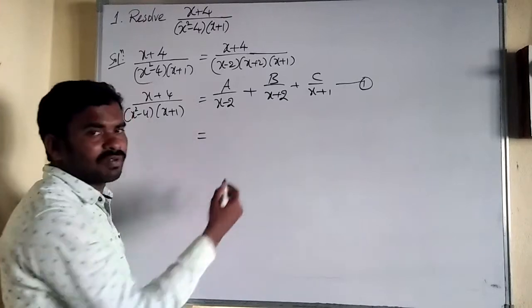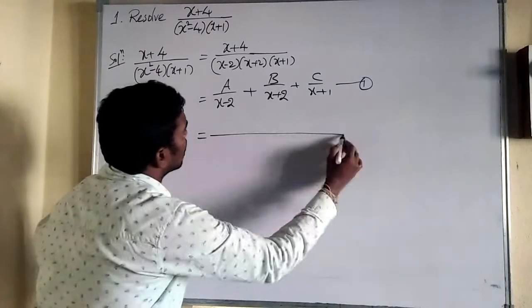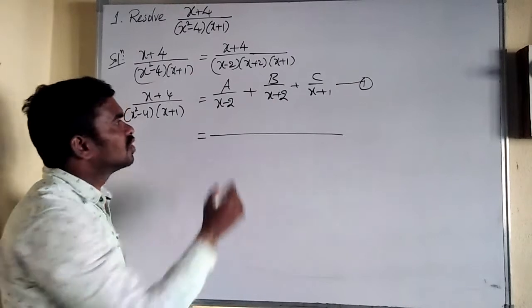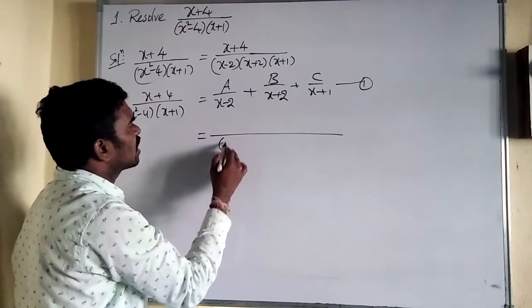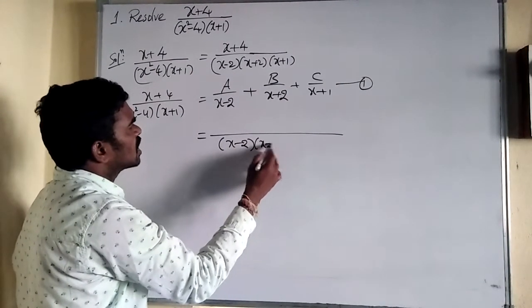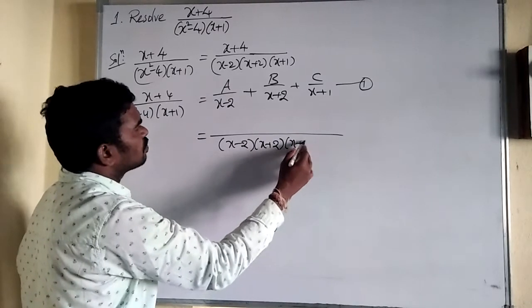Now let us simplify. Okay, so what is the LCM of these three terms? These three are different terms, so we can write simply (x − 2)(x + 2)(x + 1).